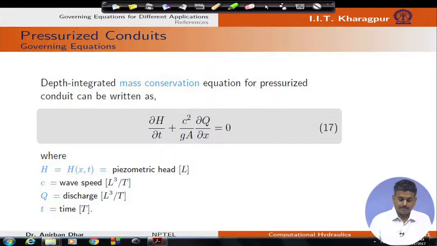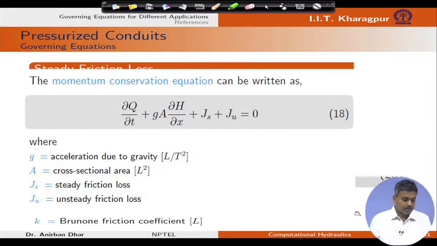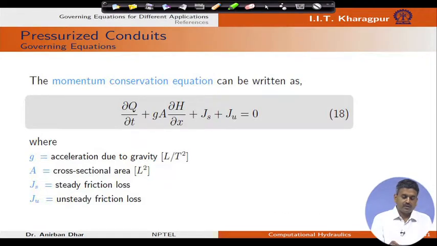And if we consider the momentum, the momentum equation is again the change of discharge with respect to time and change in H with respect to the x direction. So, we are basically considering a one dimensional flow system. In this case, Js and Ju, these two are separately defined.